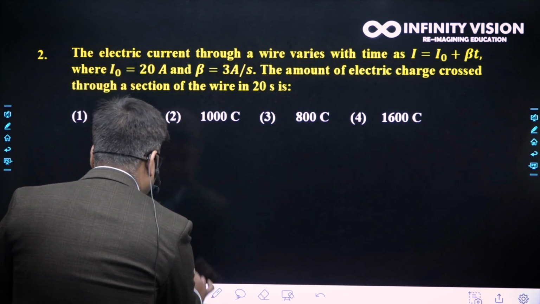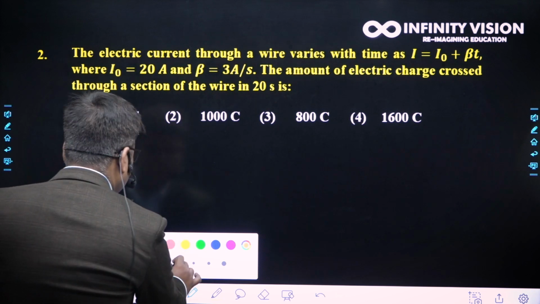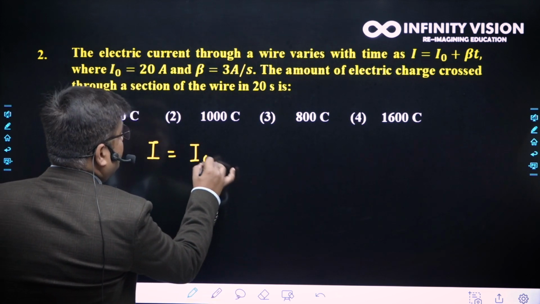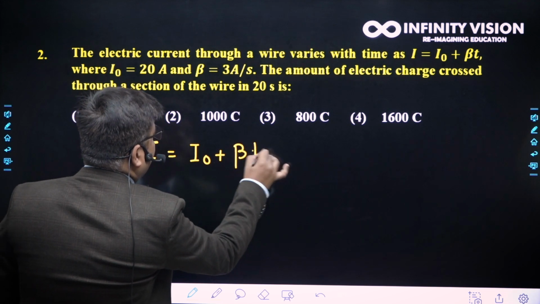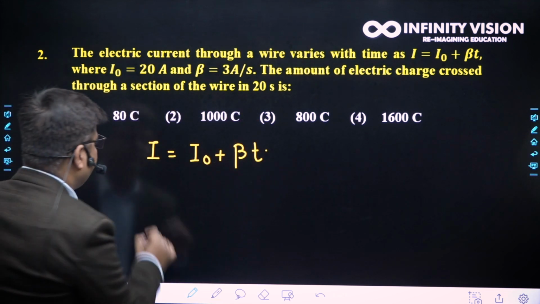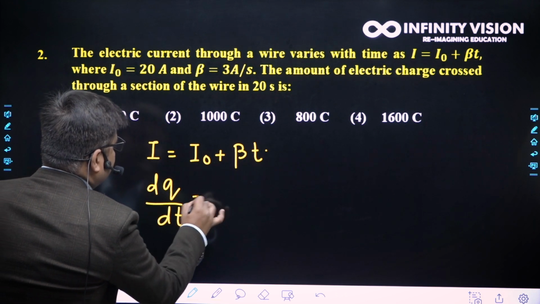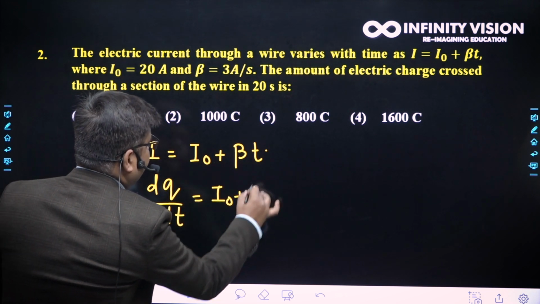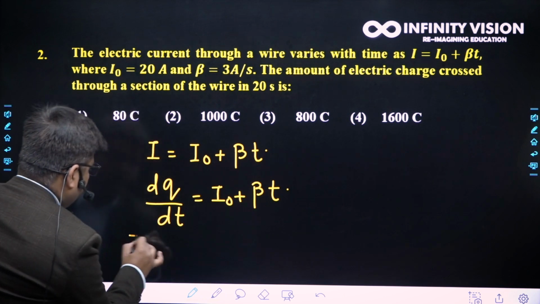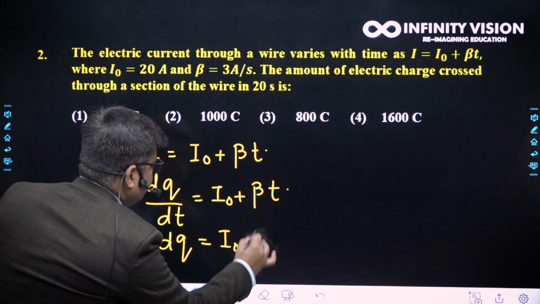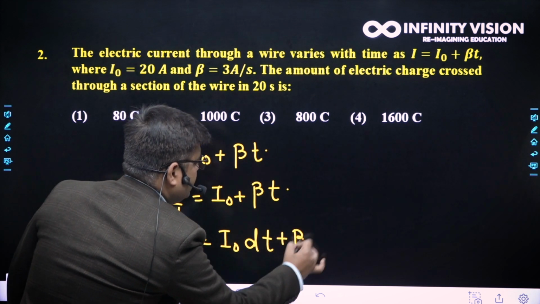This is a very basic question from electric circuit. The variation of current is given as I equal to I naught plus beta t. And the values of I naught and beta are already given. So the current can be written as dq by dt, and this will be equal to I naught plus beta t. So dq will be I naught dt plus beta t dt.